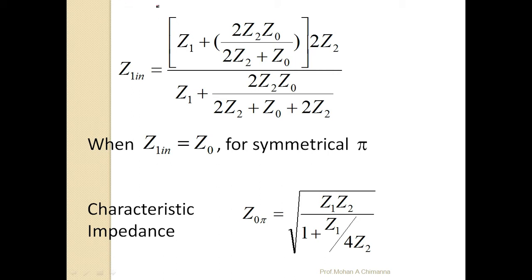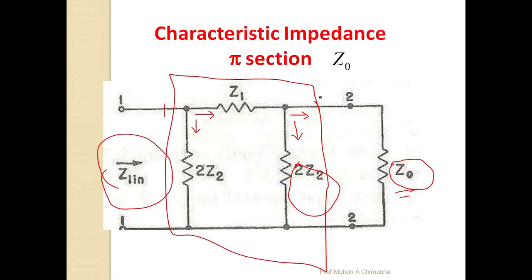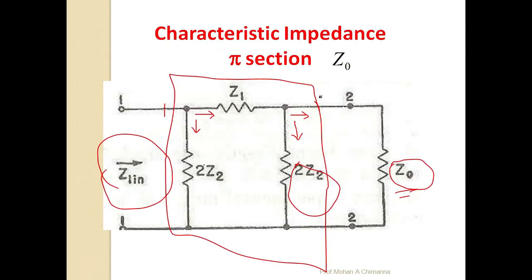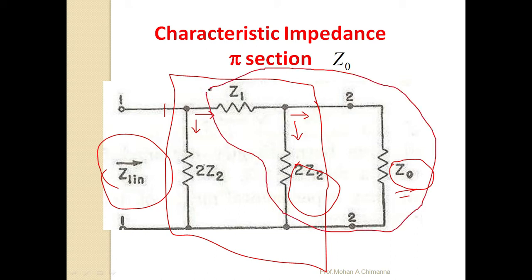After the simplification, Z1 plus the parallel combination of 2Z2 and Z0 is in series with Z1, and this whole parameter is in parallel with the 2Z2.